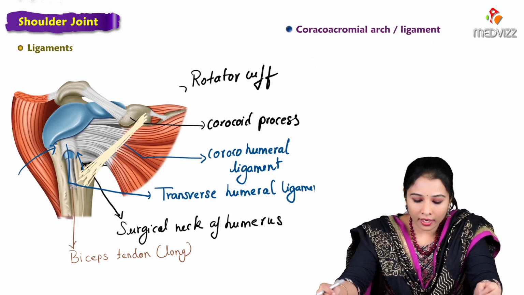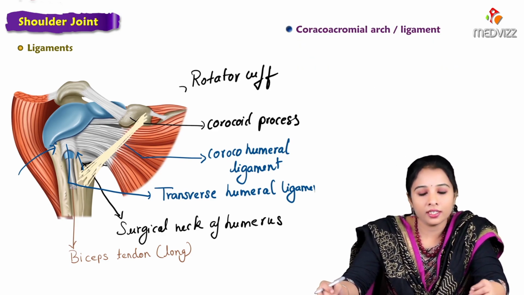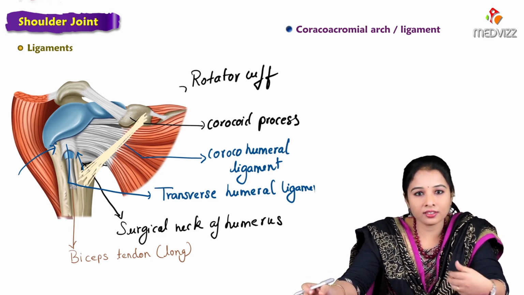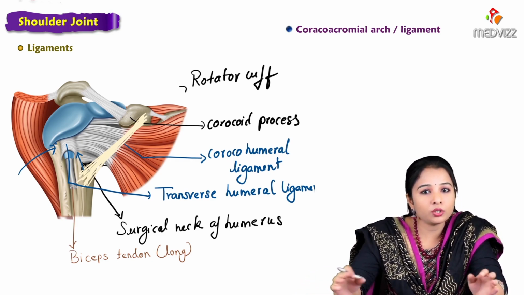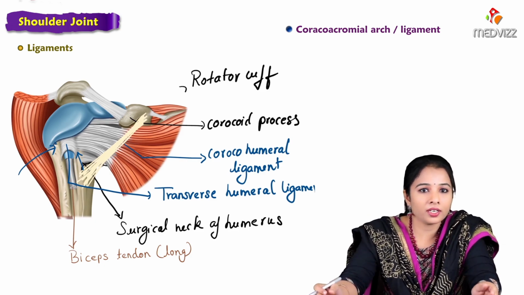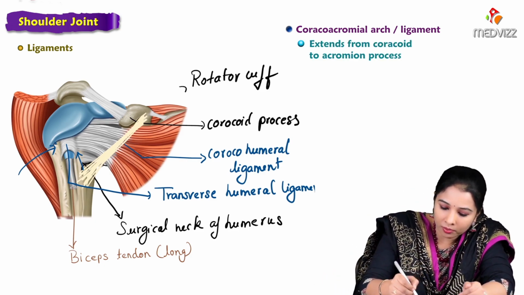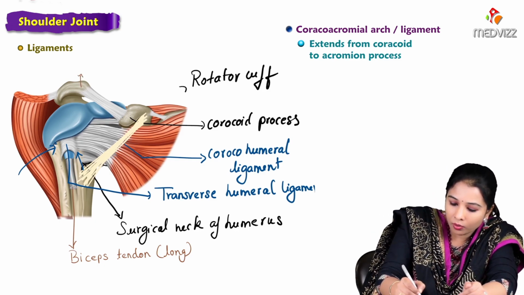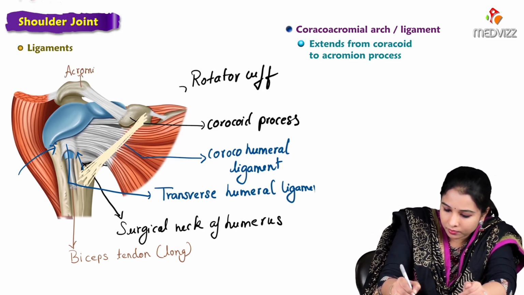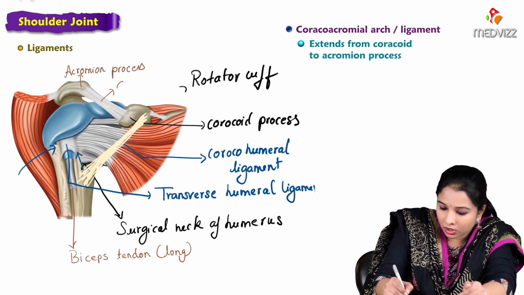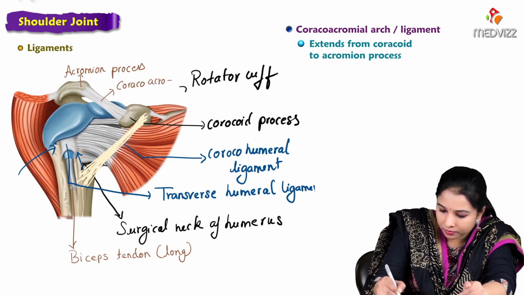Next, the coracoacromial arch. It is actually not connected between the humerus and the scapula. It is between the two processes of the scapula itself. We know this is the coracoid process and this is the acromion process. So the arch which is present here is the coracoacromial arch.